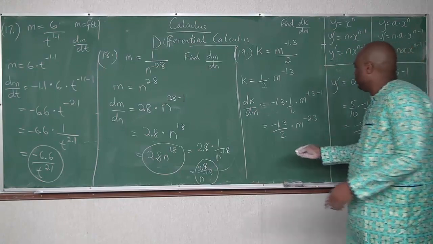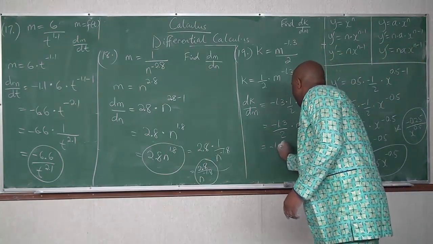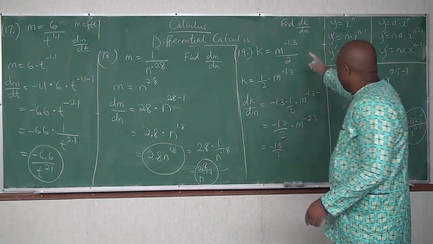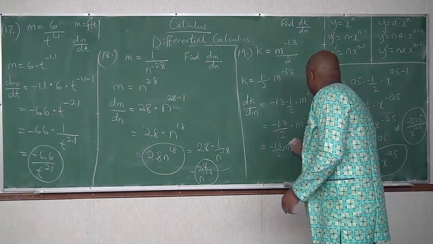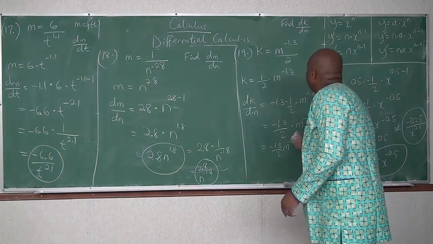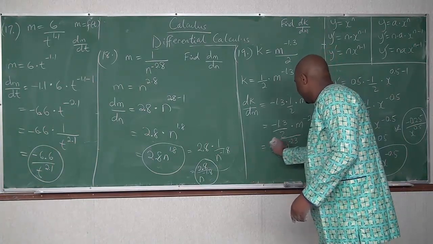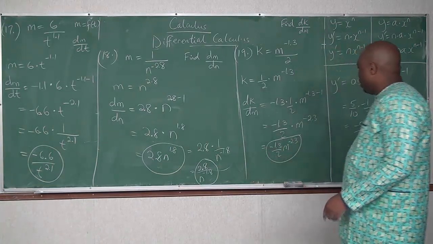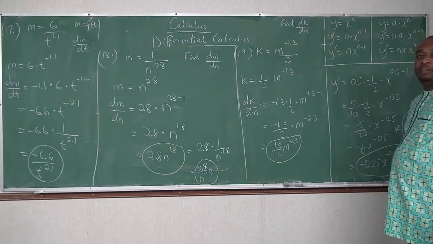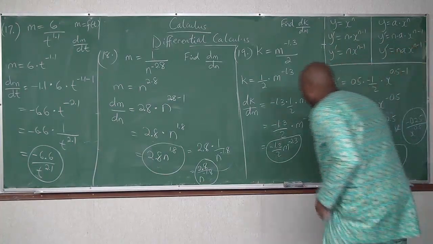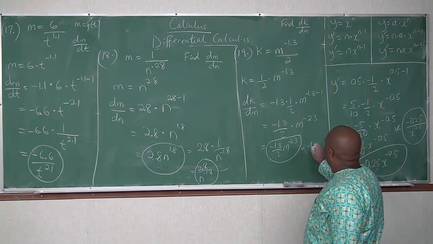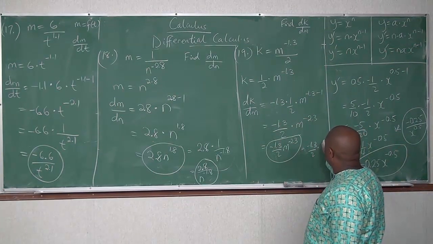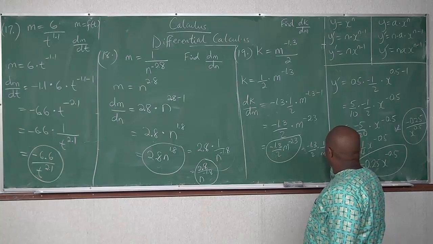Okay? So this will be negative 1.3 over 2 m negative 2.3. If you leave it this way, I will take it. Or, if you also leave it this way, I will take it. If you say negative 1.3 over 2 times 1 over m 2.3.